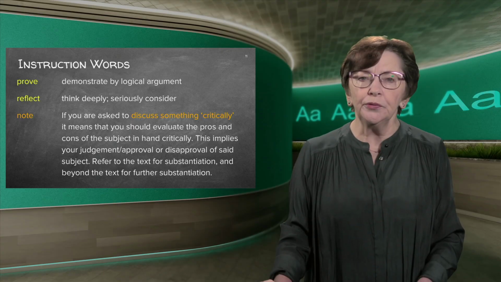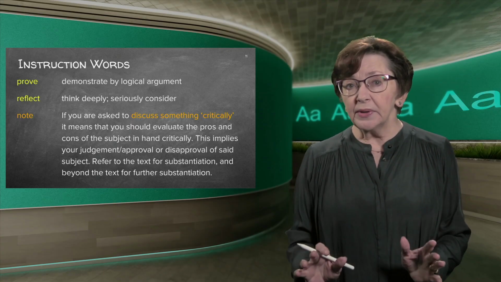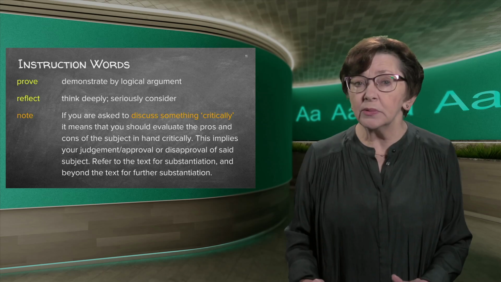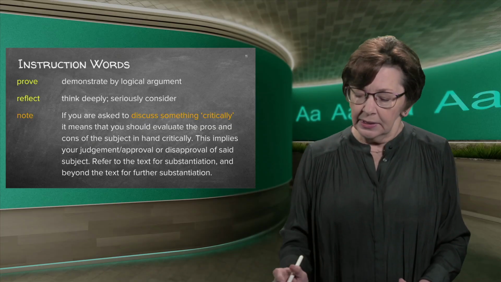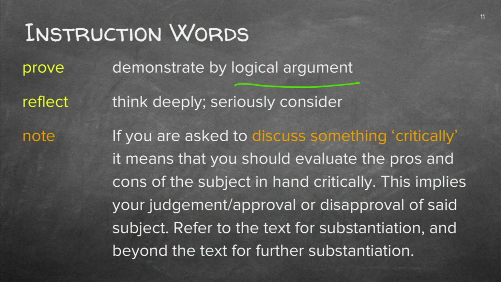To prove that something is the case, you're going to have to demonstrate the validity of something by giving a logical argument. How can you prove to me that it is dangerous to go into that forest? Prove it to me.